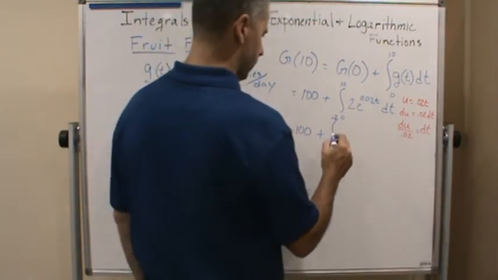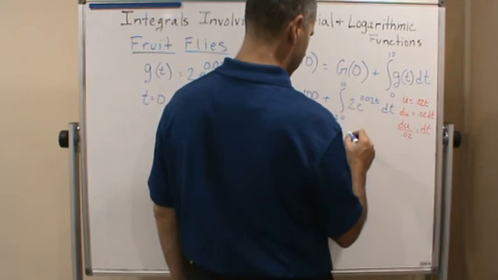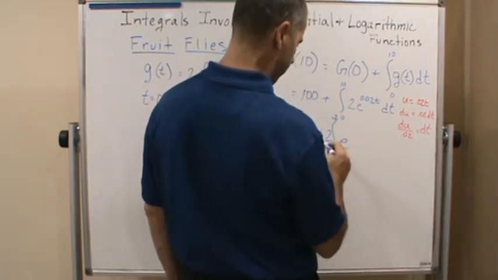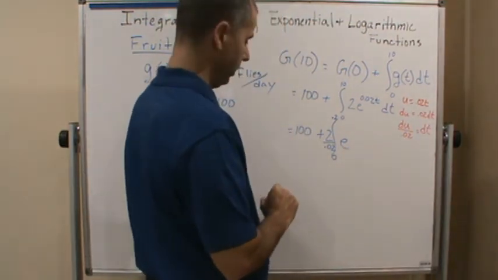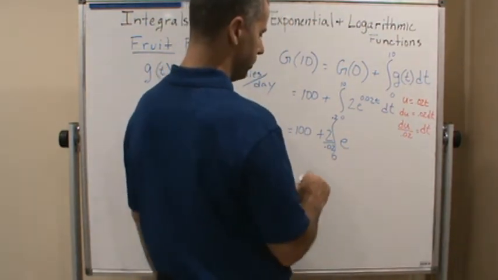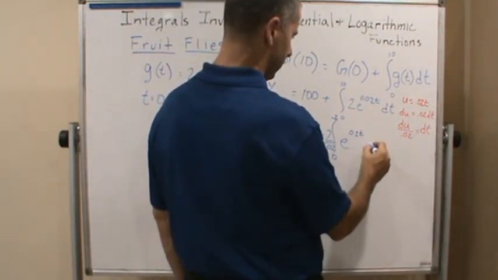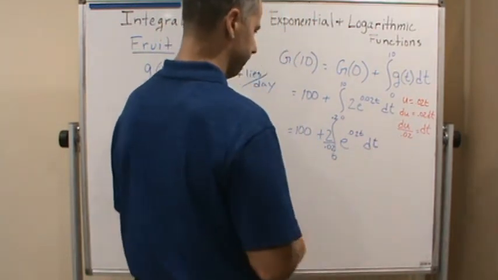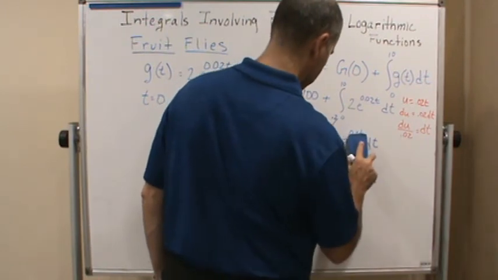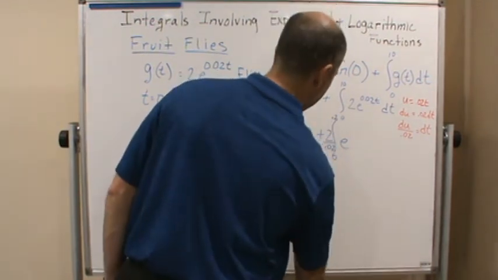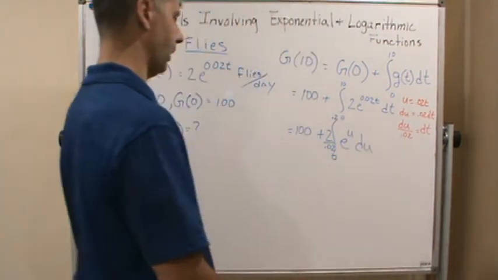Now I'm going to pull the 2 out, and I'm going to divide by 0.02, so I've got 2 divided by 0.02, and then e to the u du, because I did my substitution.